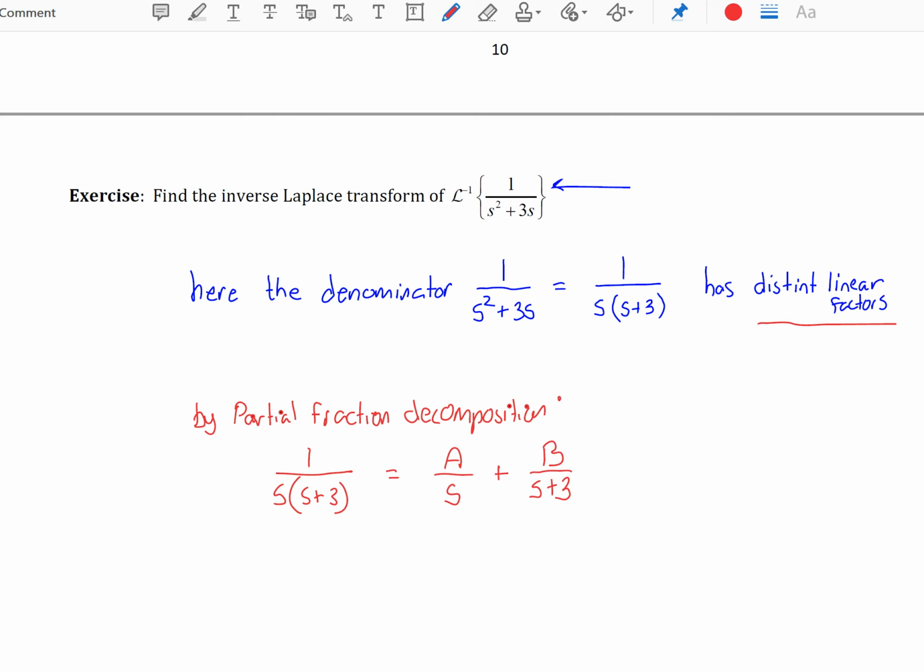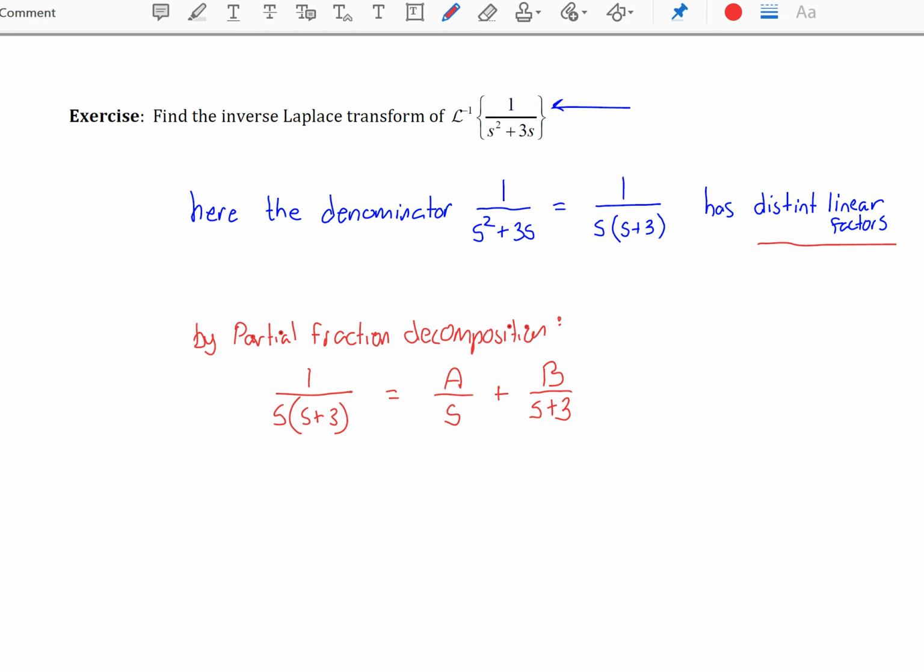You'd like to multiply by your lowest common denominator to clear your fractions. So here, when you multiply by your lowest common denominator, you'll get 1 equals a times s plus 3 plus b times s.